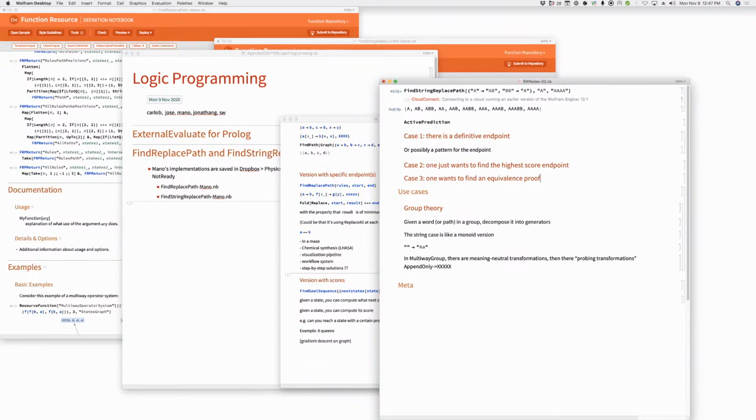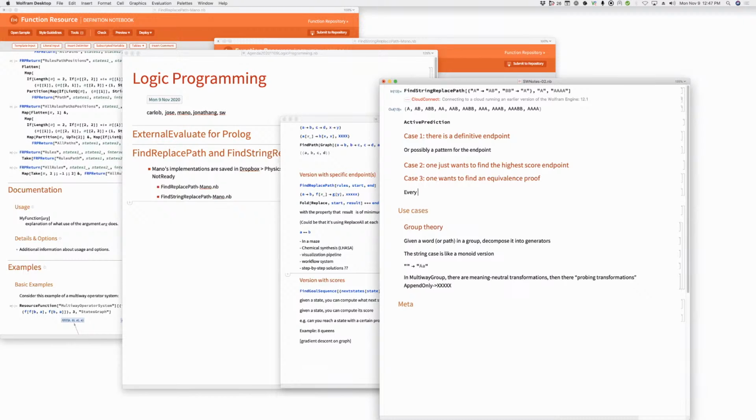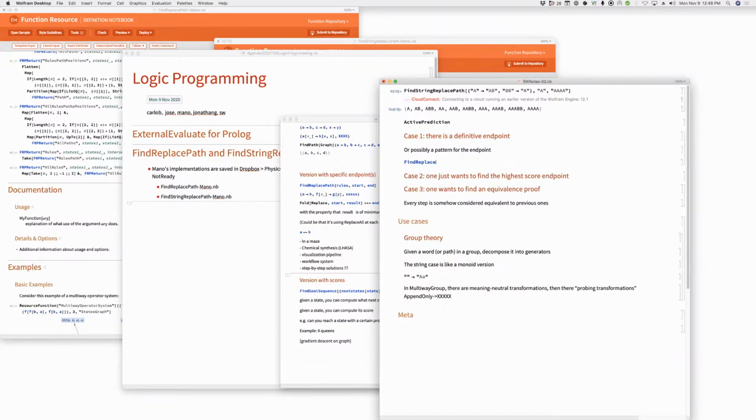So in other words, in that case, every step is somehow considered equivalent to every previous one. Right, so in this case, it's like one's reaching out from point A to point B, right? That's definitive, you're going, so that's a find replace path.